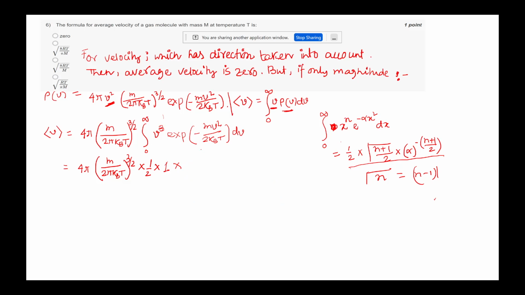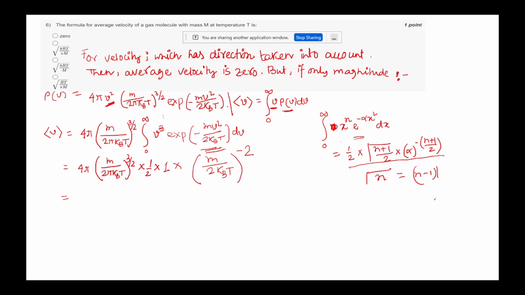If you compare these two terms, n plus 1 is 3 plus 1, equal to 4, by 2, so this will be minus 2 here.